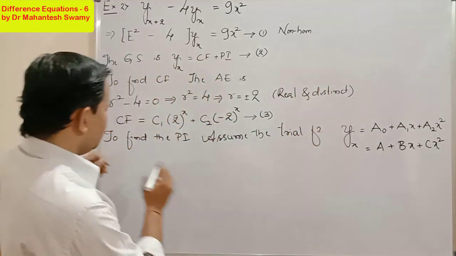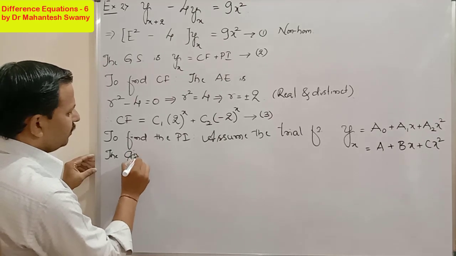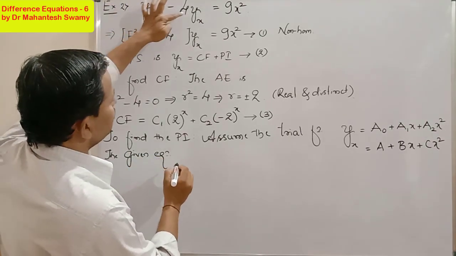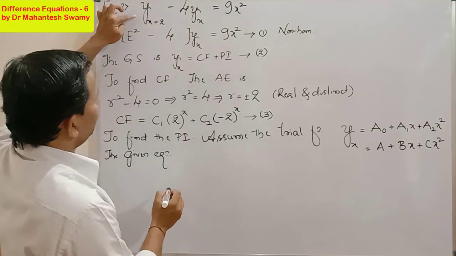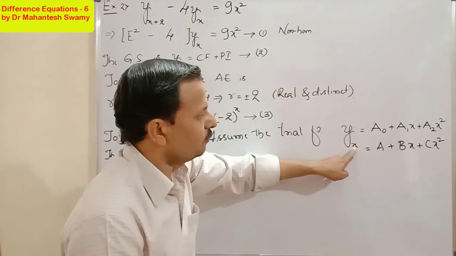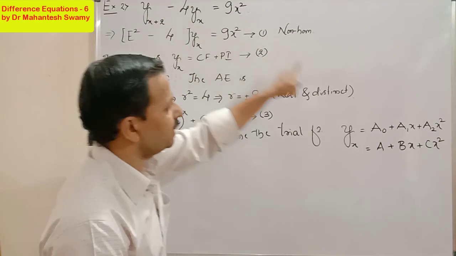What is the given equation? The given equation is y(x+2) minus 4y(x) equal to 9x square. What happens to y(x+2)? Wherever x is there, we have to replace it by x plus 2.